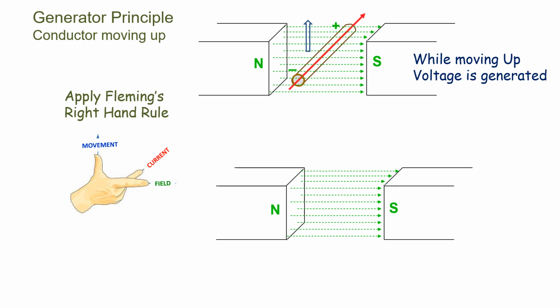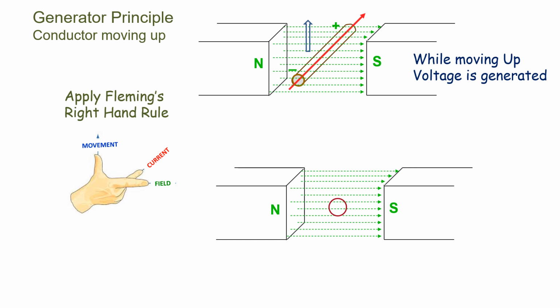We will understand this same concept by means of another figure. We have again the two poles of the generator. In the air gap, the magnetic field lines are shown towards right, which will be indicated by the first finger of the right hand. Now we see the conductor's cross section here.